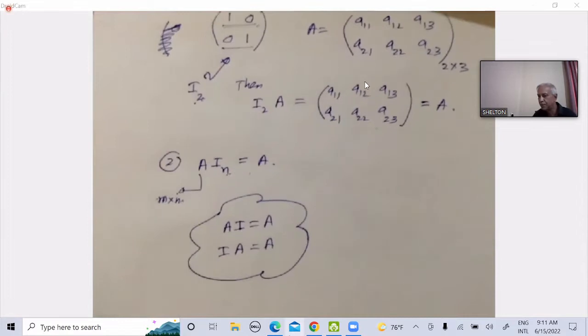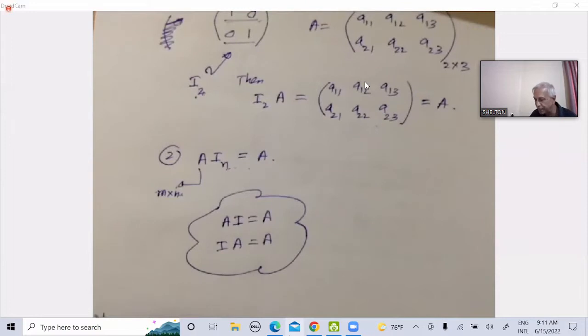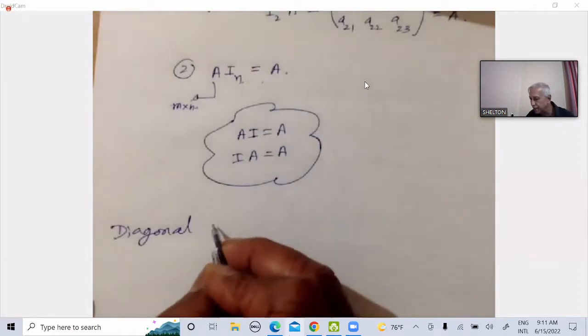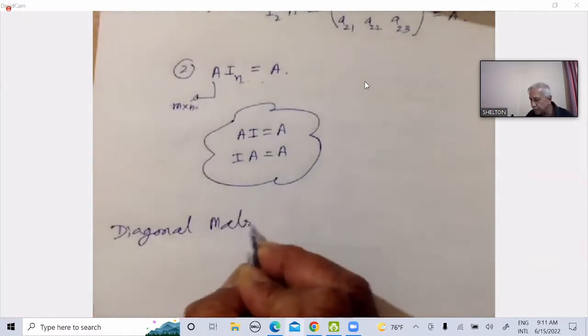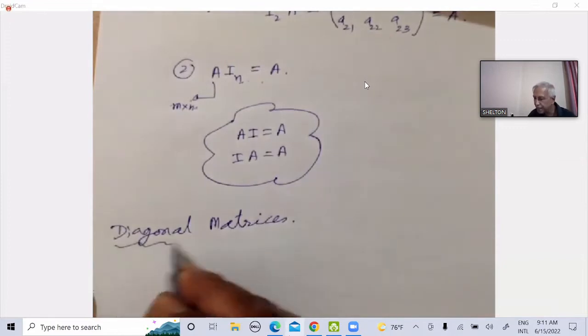So let me also mention another thing: diagonal matrices, a special type of matrix.